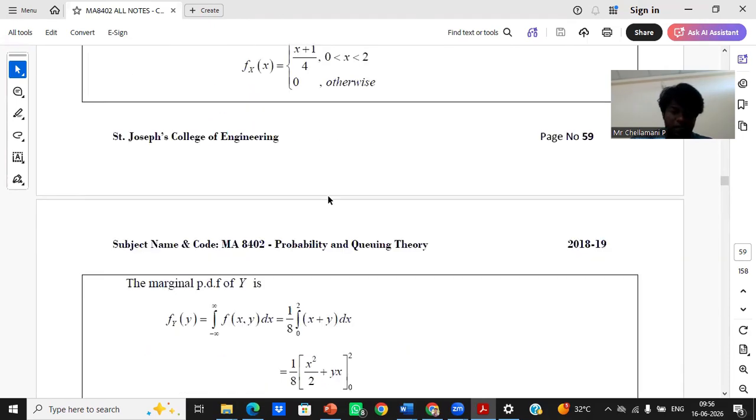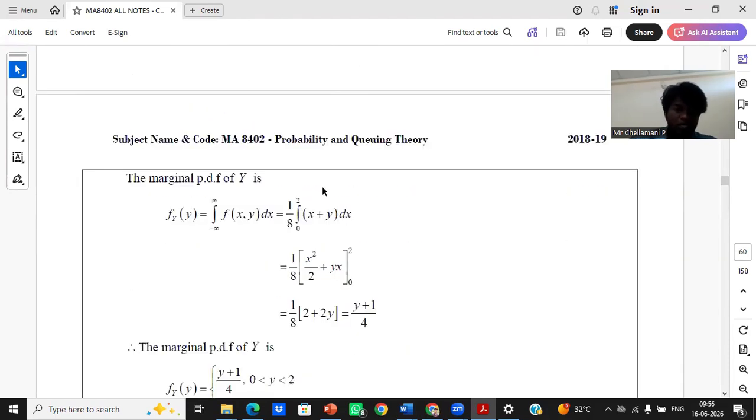Similarly, now we see the marginal PDF of y. We take f of y is equal to the integral from minus infinity to infinity of f of x, y dx. We already know that the k value is 1 by 8, and k is a constant, so we take it outside: 1 by 8. The x limit is 0 to 2, of x plus y dx.